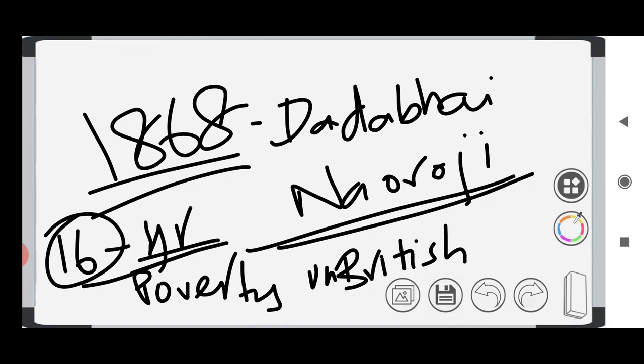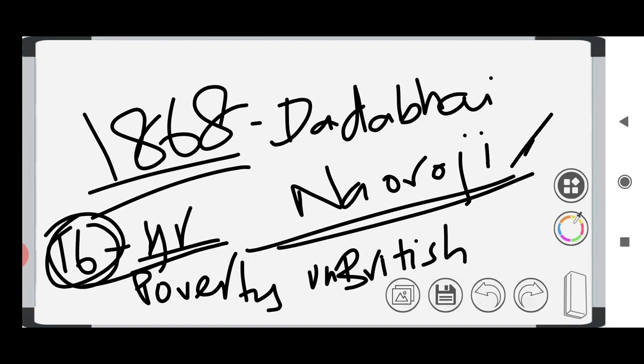Based on this, we can calculate who is poor and who is rich, right? This is by Dadabhai Naoroji. He calculated the expenditure on products like rice, dal, mutton, vegetables, oil, salt, as well as ghee. He added up the expenditure of all these products and arrived at 16 rupees. There are certain basic needs one should satisfy, right?